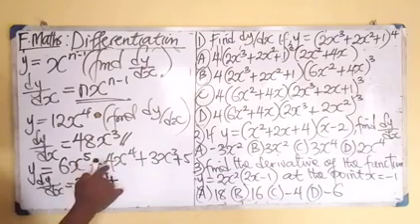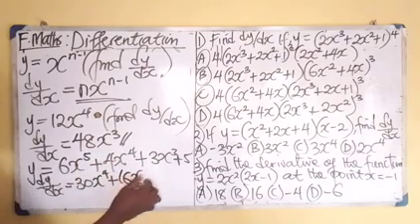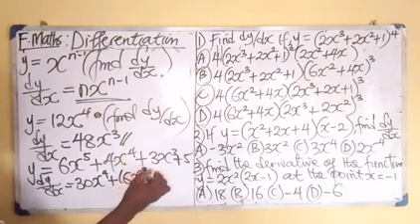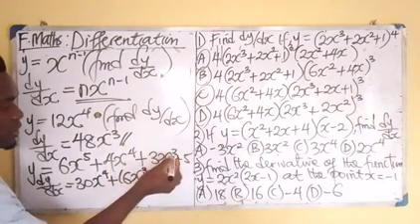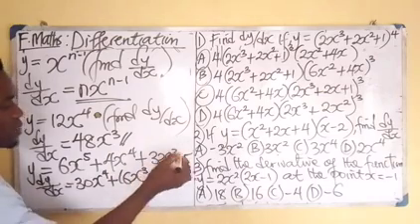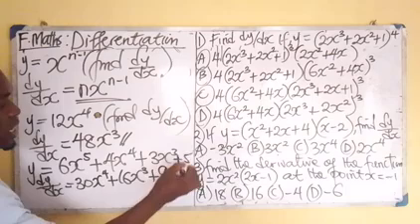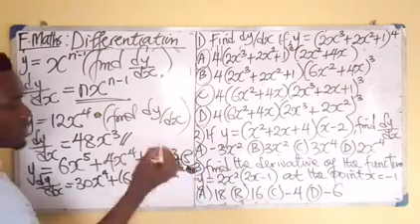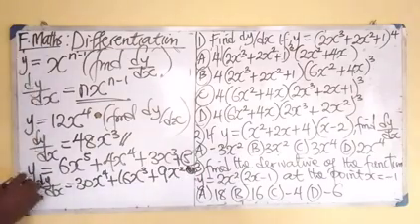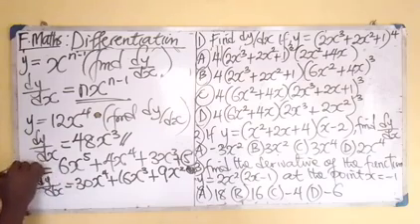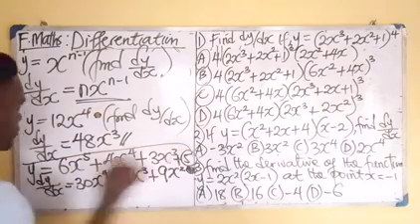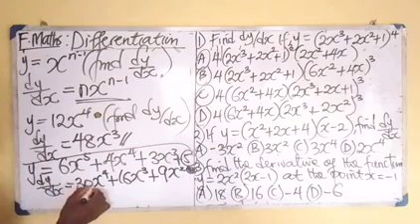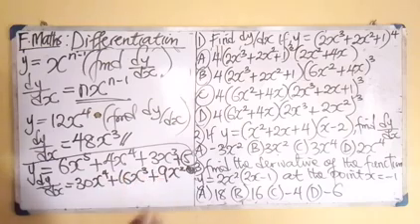Plus 4 times 4, I have 16x^3. Plus 3 times 3, I have 9, I'll subtract 1, I have x^2. Every figure that stands alone is considered constant, so it is 0. So the derivative of this is simply 30x^4 plus 16x^3 plus 9x^2. That is just the final answer.